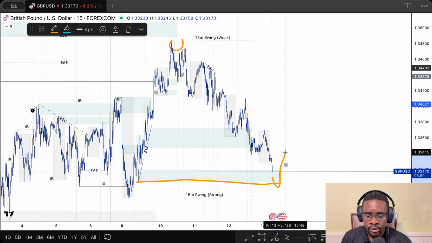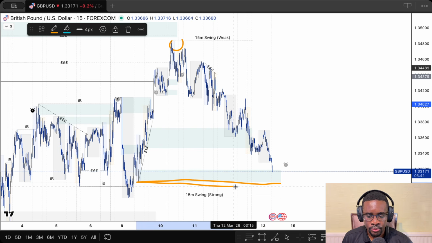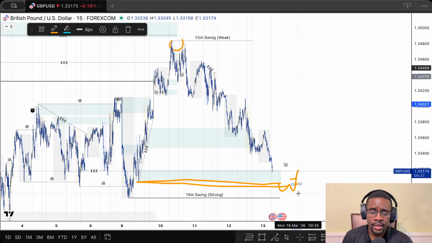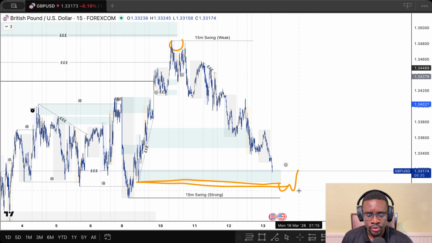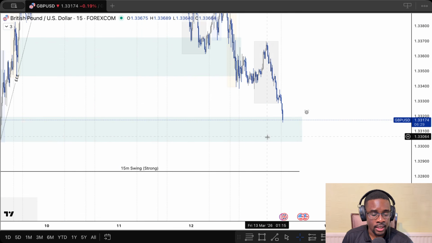So we might have a bit of a retracement either to mid-range of Asia or all the way to Asia high. So we'll be looking for longs once we sweep these areas, and then we start getting some confirmation on lower time frames, and then that would be the idea. So for both the pound and the euro dollar, I'm pretty much looking for longs. These are counter trend longs.